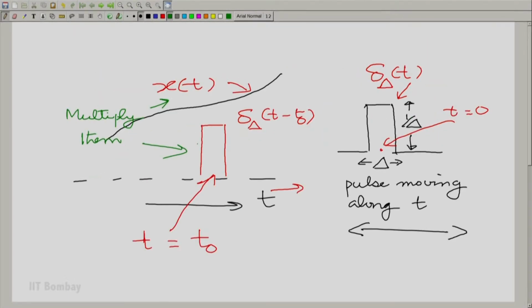So, visualize that you actually have this pulse lying at t0 as it were, and essentially this capital delta is small enough so that the function x of t here is almost a constant on that interval. And therefore, all that happens when you multiply x of t by delta capital delta t minus t0 is to capture or to pick that particular value of x of t. Maybe you could think of the value at the center, it does not matter.